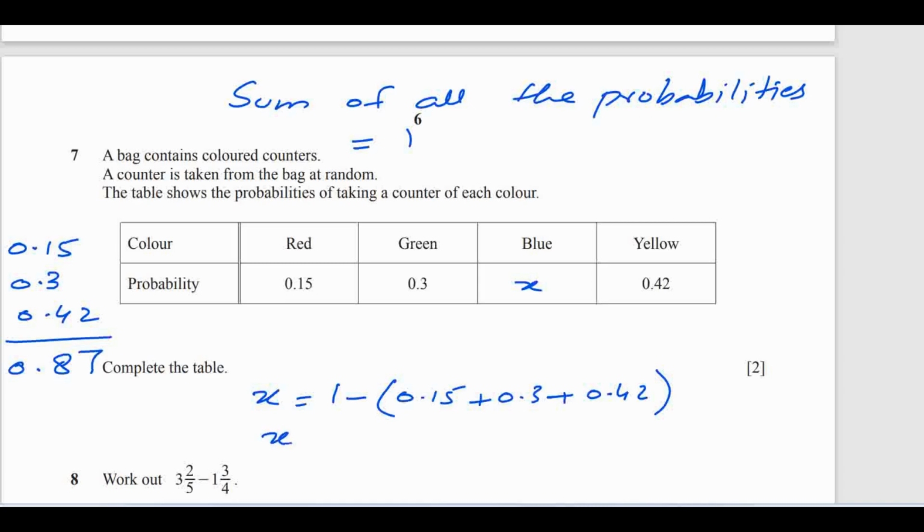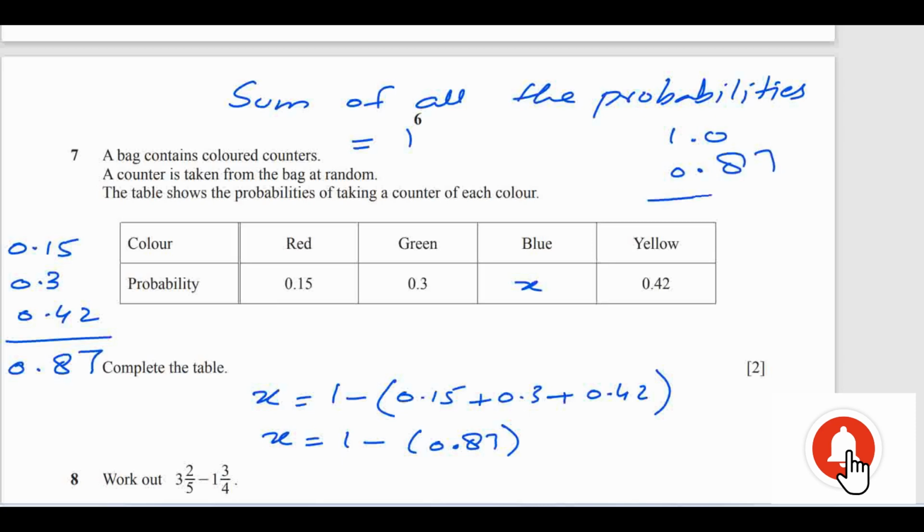So x will be equal to 1 minus 0.87. If you subtract 1.0 and 0.87, this will be equal to 0.13.